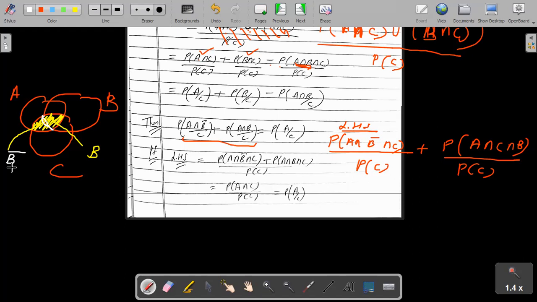So if you take A intersection C intersection B bar and A intersection C intersection B, you see both the sets are disjoint sets.